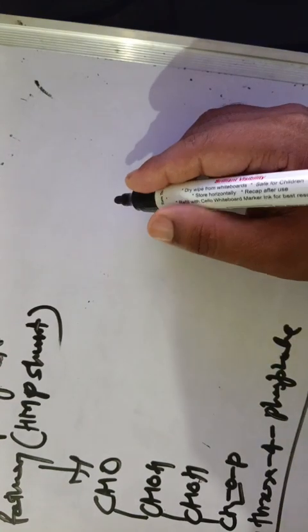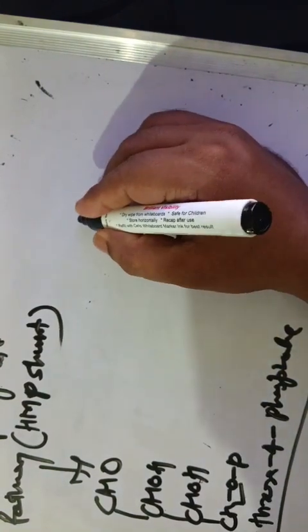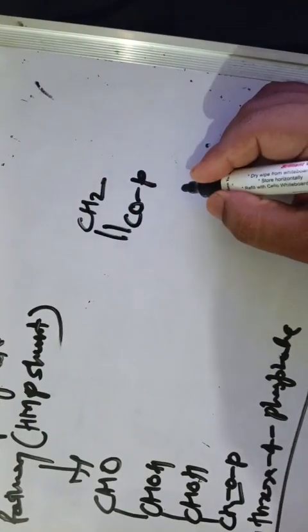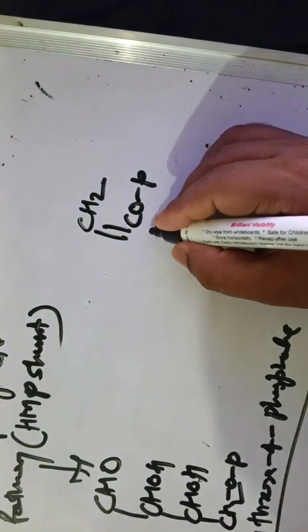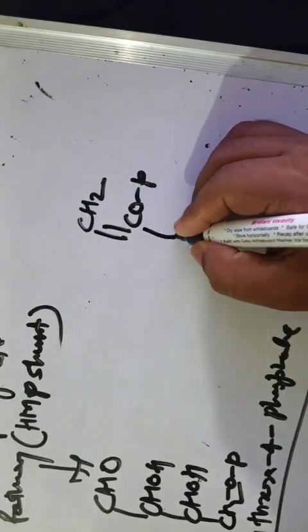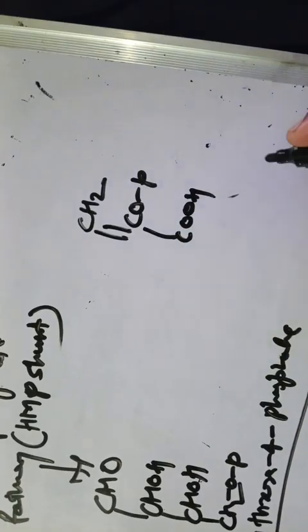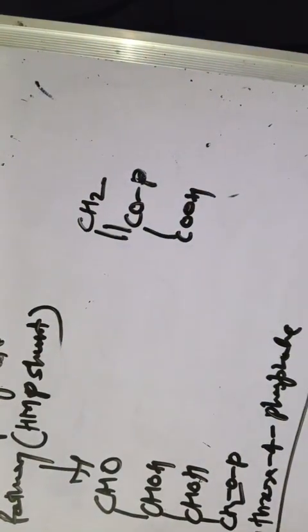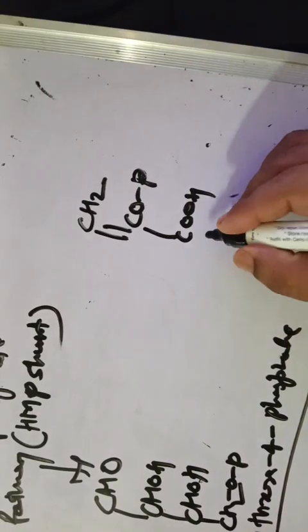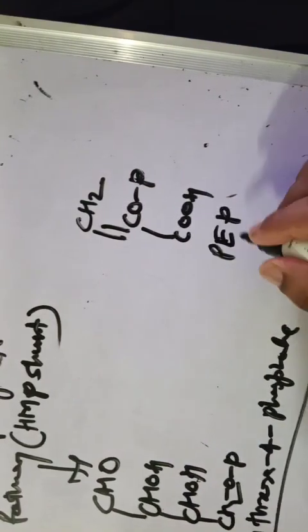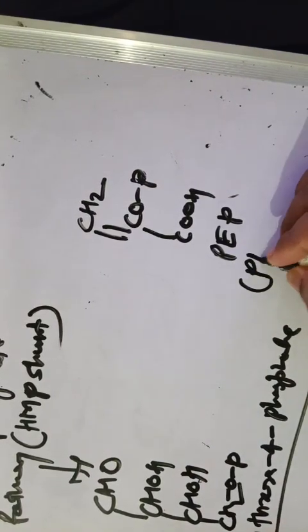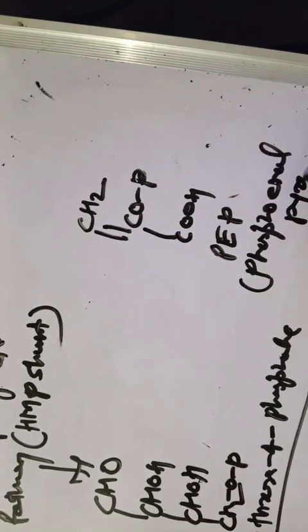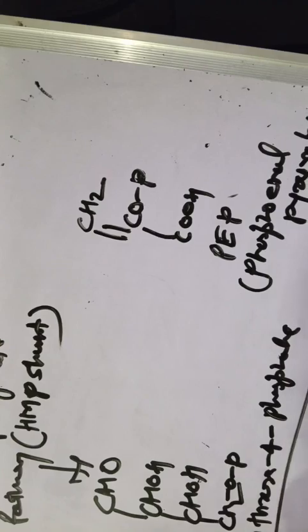Then there is phosphoenol pyruvate, CH2=C(OP)COOH. In short, it is PEP, and its full form is phosphoenol pyruvate.